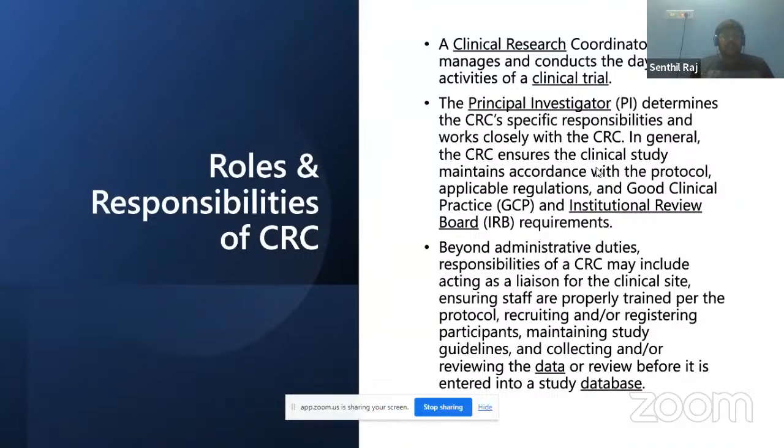So a CRC at a site will do data entry. They do it either through electronic data capture, or in India we are still using paper-based CRF. Only now are they implementing some parts with electronic CRF. The eCRF is a new addition where you can pull data easily and get results in a quick manner.